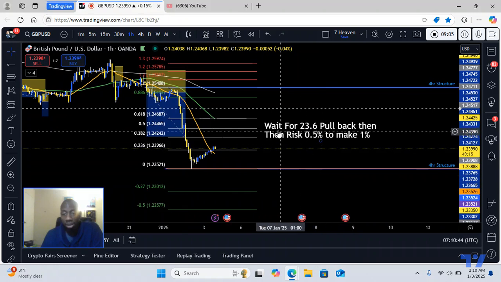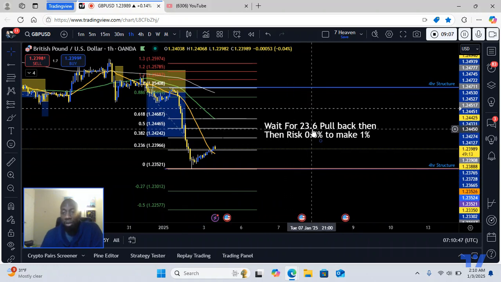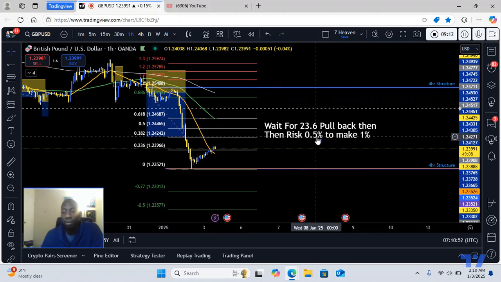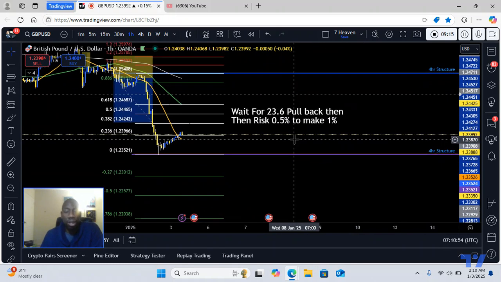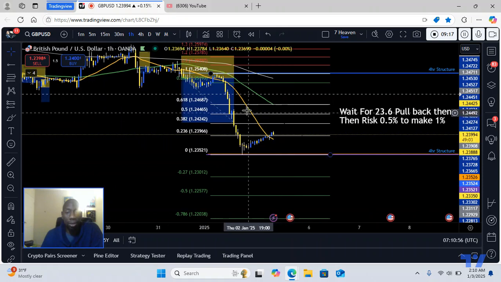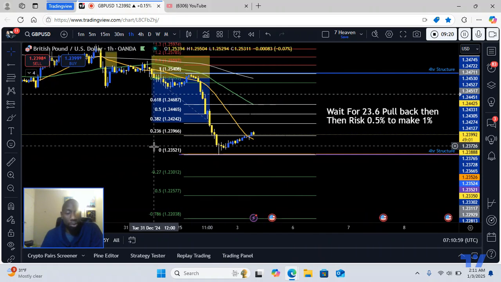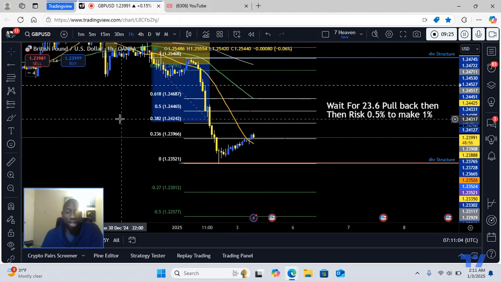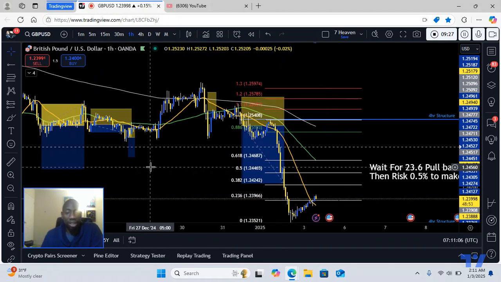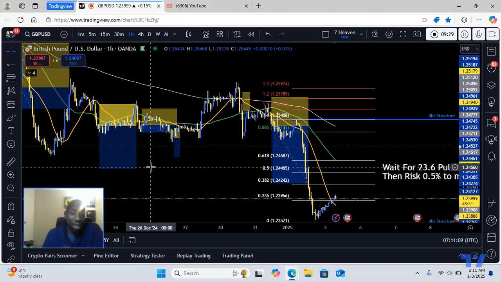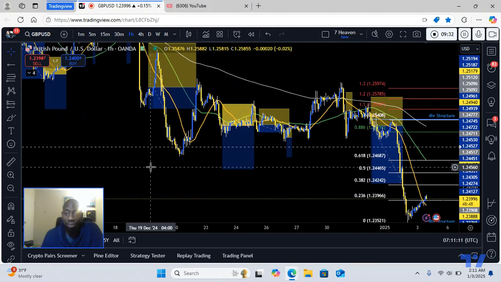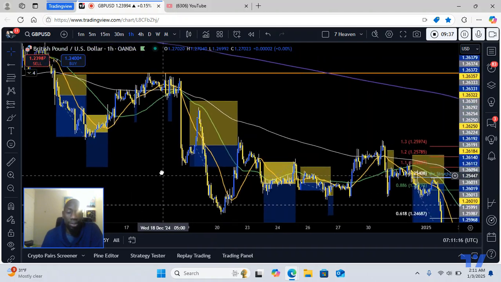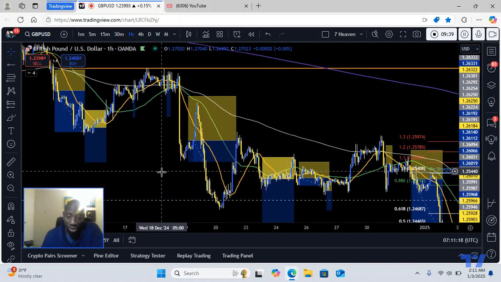Now, as you can see here, I have written, I'm waiting for a 23.6 pullback. Then I'll be risking 0.5 to make 1%. What I mean by that, so I had this down, when we're down on the 1 hour, right? We had this win right here. I was not involved with this win. That's another thing, the key thing that makes the Robin trap strategy work so well, right?